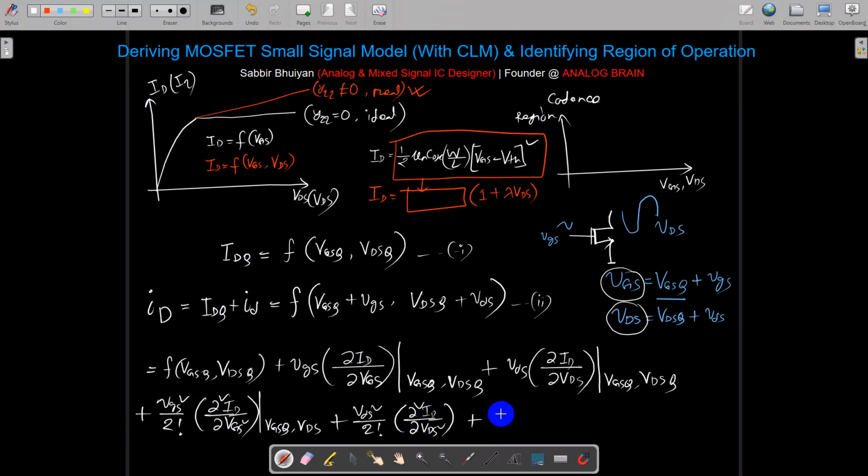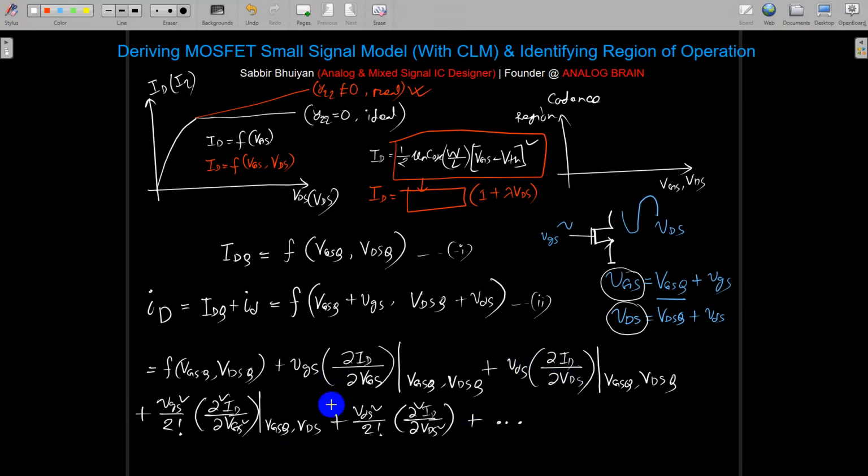Plus you can write for your third term v_GS cubed by 3 factorial ∂³I_D/∂V_GS³, and v_DS cubed by 3 factorial, ∂³I_D. So let's move on from that. So this is your equation.